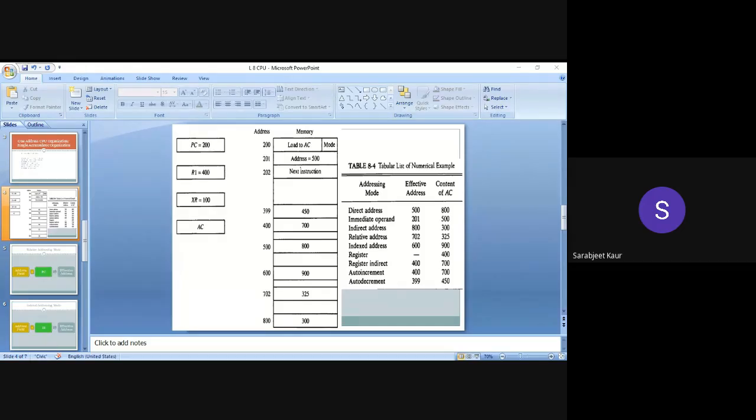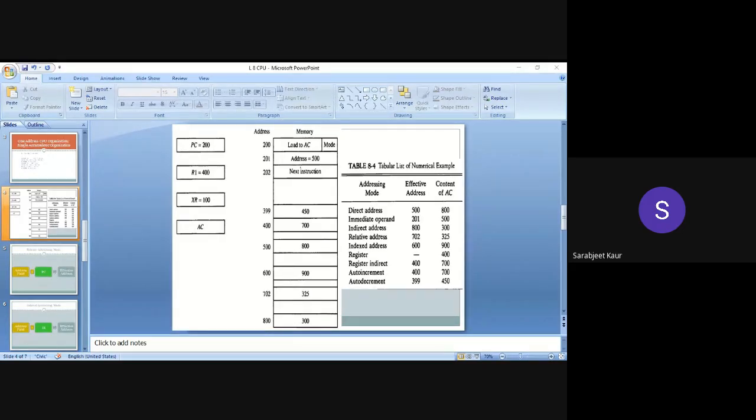But in the base addressing mode, the base register holds the starting address and the value of the address field will change. In any case, at a given instant of time, you just add the value of the base register to the address field to get your effective address. So the mechanism is the same.